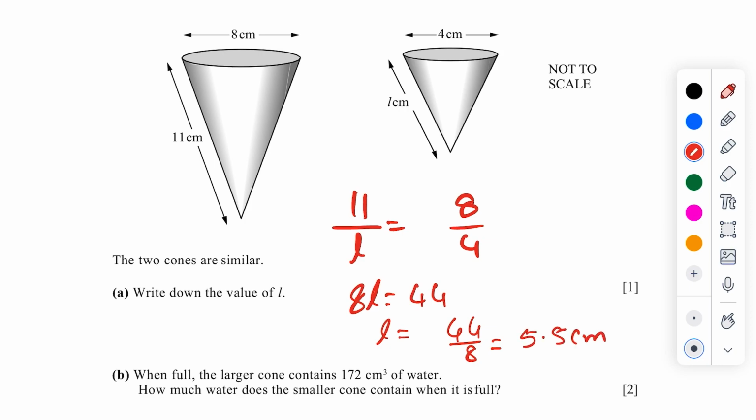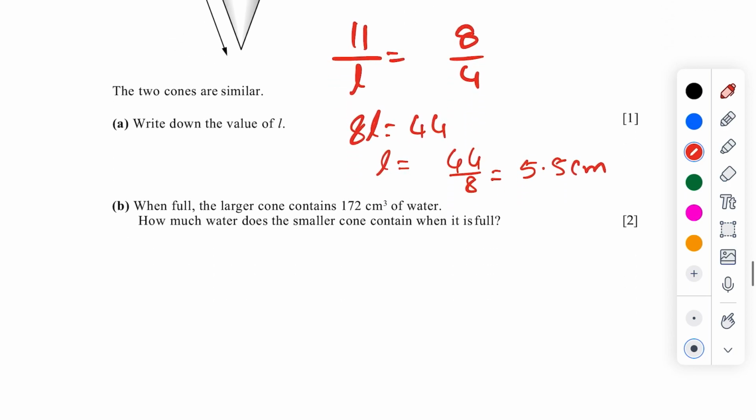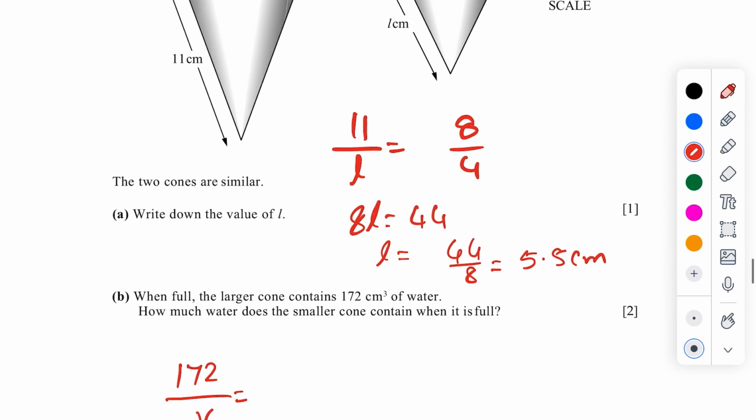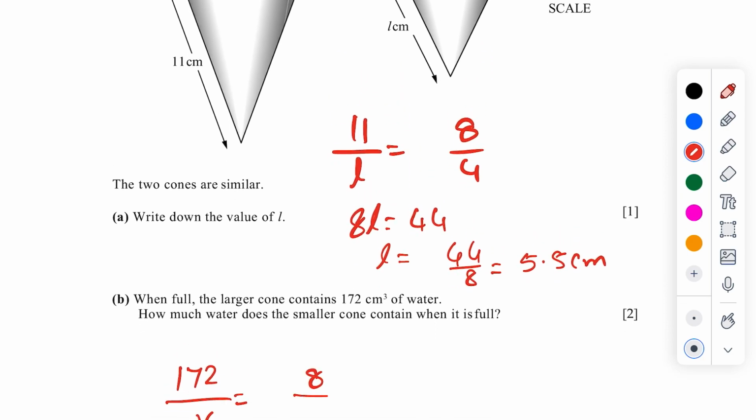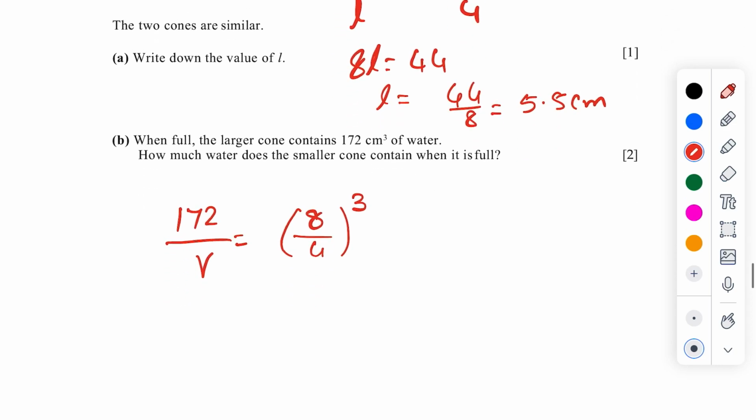Next, when full, the larger cone contains 172 centimeter cube of water. How much water does the smaller cone contain? So, volume 172 upon volume V equals, larger cone diameter is 8 and over here it is 4, whole cube. Volume is related with cube.